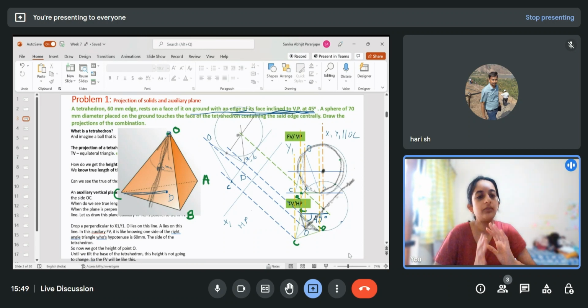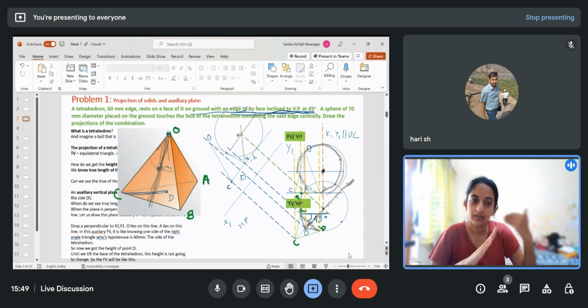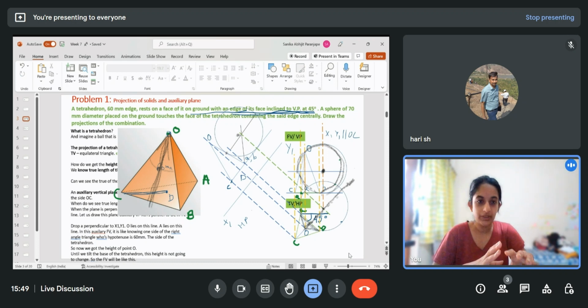So finally, even if it is a solid or a plane, you always need to remember a few basic things. You can imagine a plane using lines. So if it is a rectangle plane, you have this line, this line, this line, and this line. And with respect to these lines, you can construct the plane. If you have a 3D object, with respect to planes and lines, you can construct the whole object.